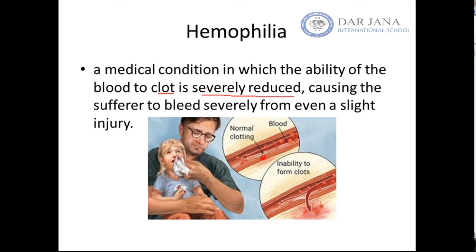So a slight injury can lead to severe bleeding. So hemophilic individuals suffer from severe bleeding from even a slight injury because the ability for the blood to clot is severely reduced.